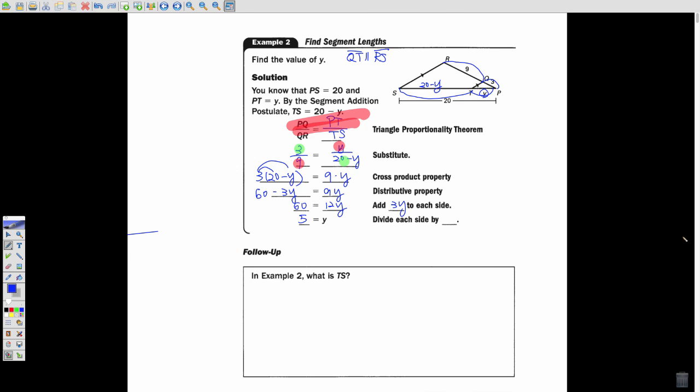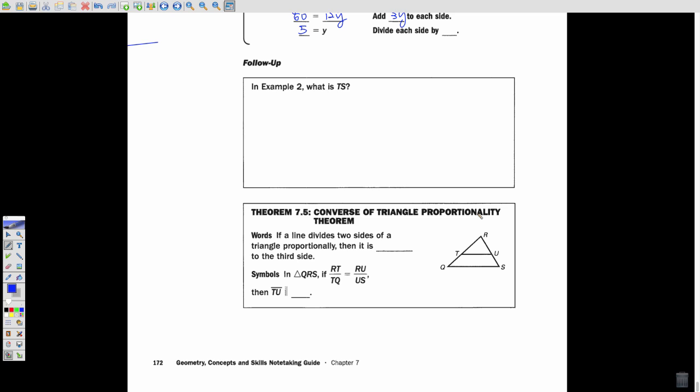So finish this follow up, and we have one more theorem, which is the converse of it. It says if a line divides two sides of a triangle proportionally, then it is parallel to the third side. So this time we know that RT over TQ equals RU over US.